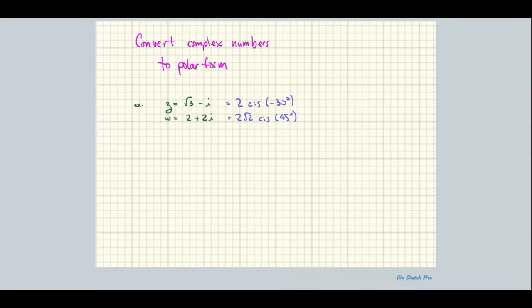Let's say that I wanted to find z cubed. Notice this is going to be z times z times z, yeah? 2 cis negative 30 degrees, 2 cis negative 30 degrees, 2 cis negative 30 degrees. We're going to multiply all these.